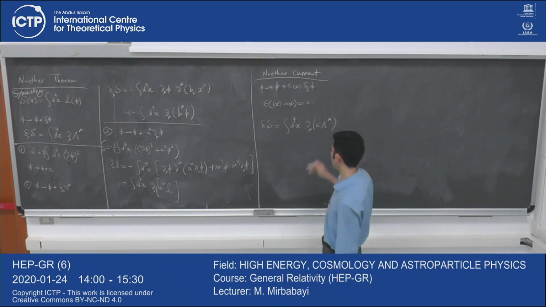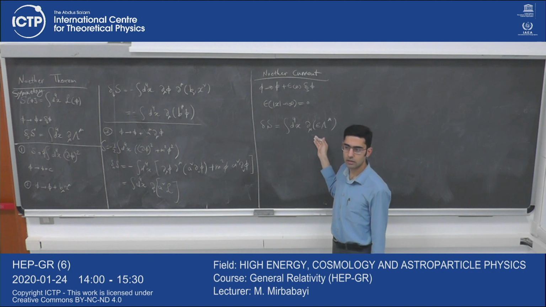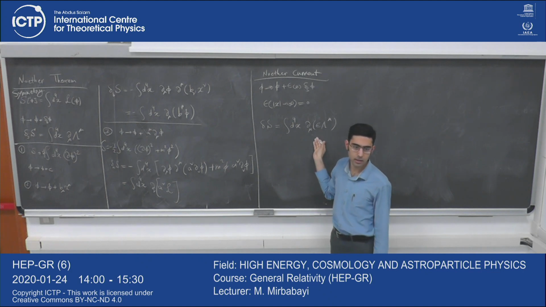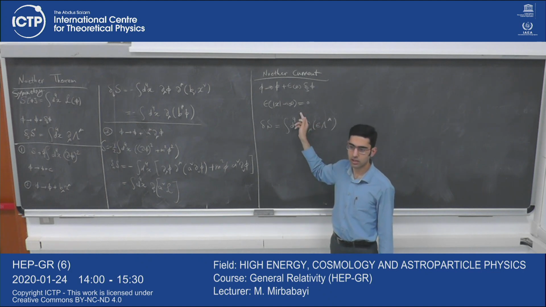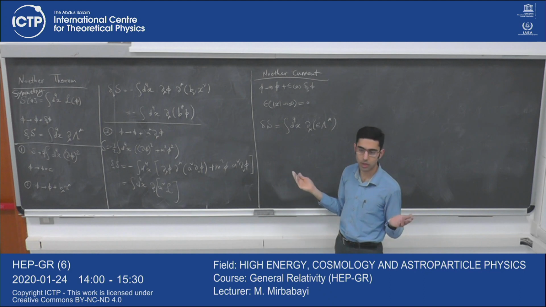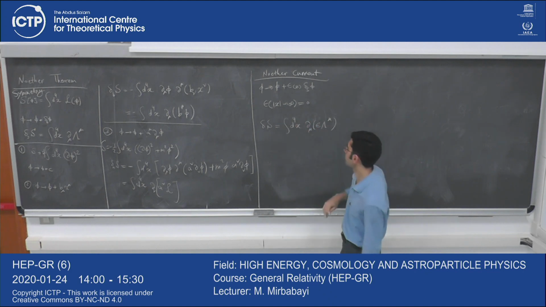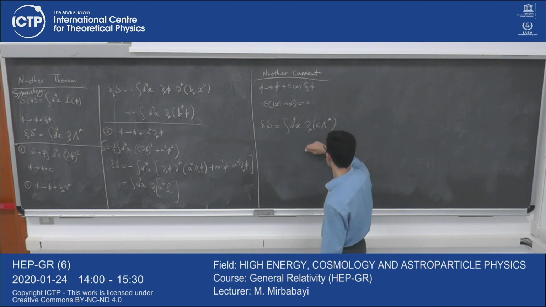So we get a boundary term, or a total derivative term. But this total derivative term is now irrelevant, because epsilon is vanishing at infinity. This total derivative term reduces to a boundary term, but at the boundary epsilon is equal to 0. So this is irrelevant.